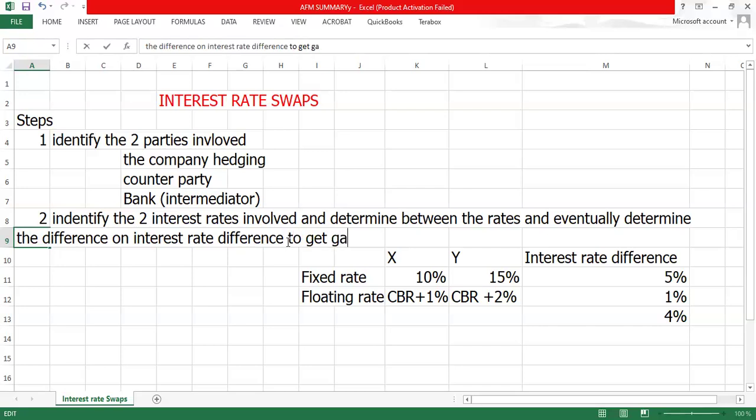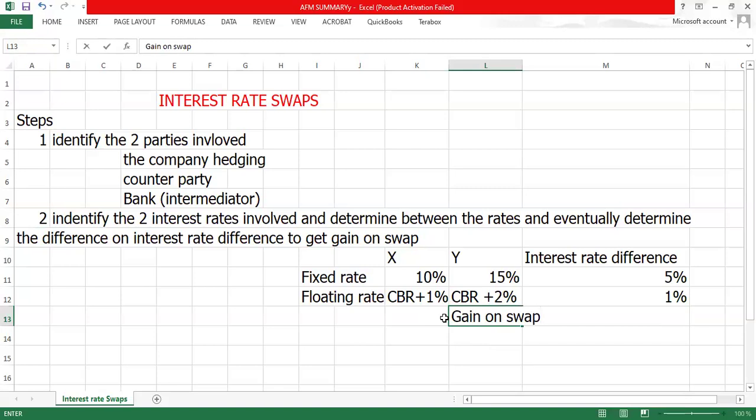To get the gain, you get the net, the gain or loss on swap. It will always be a gain on swap, because here we don't want negatives, guys. There is no way you will get negatives. The difference you get will always be the gain on the swap.